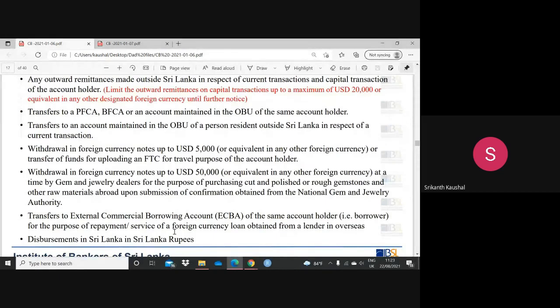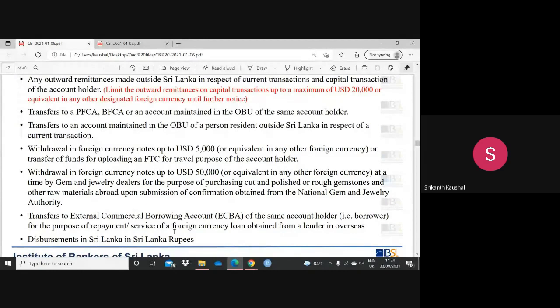There are some trade fairs or some events that could take place. There you can sell it and come back. Maybe that is again an auction or whatever. Then you have to bring the foreign exchange back to the country.